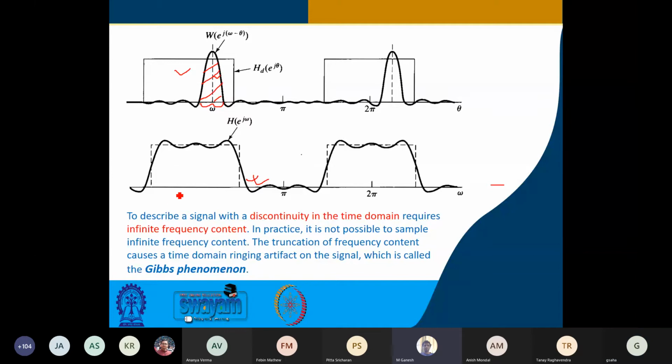So when we convolve with the low pass filter, some of the major components go outside, and we can see that the magnitude of convolution decreases.